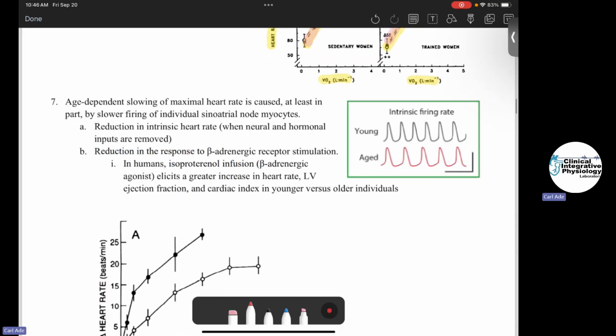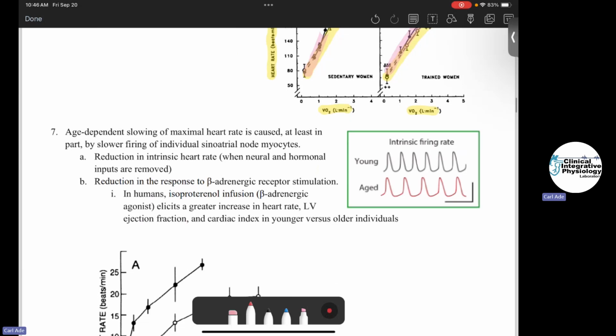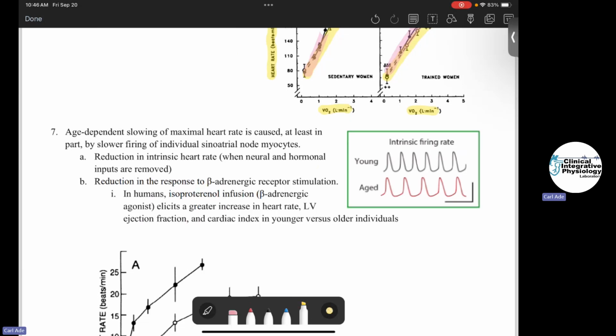So why does this heart rate go down with aging? Well, there's a couple theories, and I want to highlight them here because I think they're really important. Age-dependent slowing of this max heart rate seems to be due to slower firing of those SA node myocytes. So back to our basic physiology, those SA nodes generate that action potential.